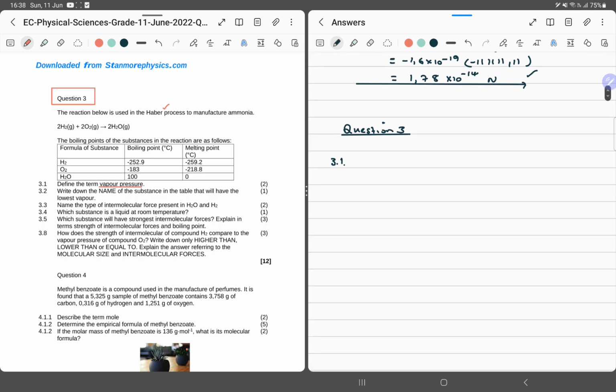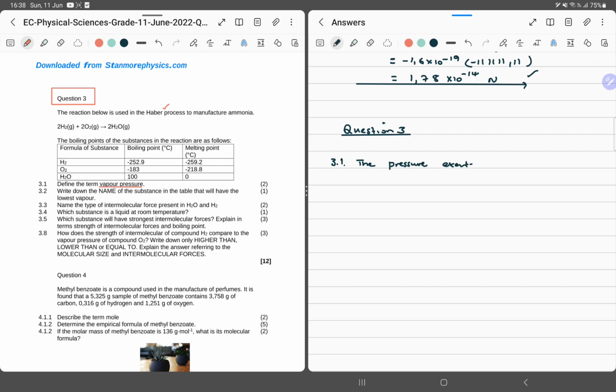3.1. Now we know that vapor pressure is the pressure exerted by a vapor in equilibrium with its liquid in a closed system at a particular temperature.